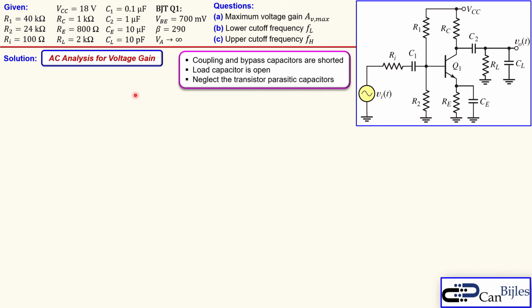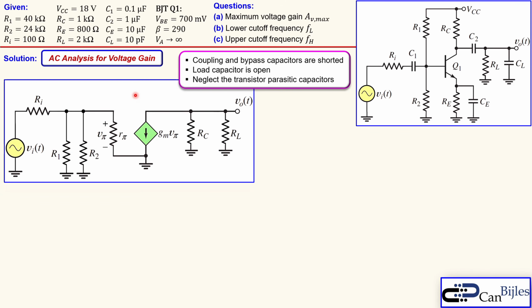For midband gain voltage analysis, we use the following small signal circuit. You see here the voltage controlled current source and the RPi, which is the model for our BJT. Since there is no early voltage, there will be no resistance between the collector and the emitter. Since the CE is shorted for this midband voltage gain analysis, that means the emitter is grounded. It's also shown here.